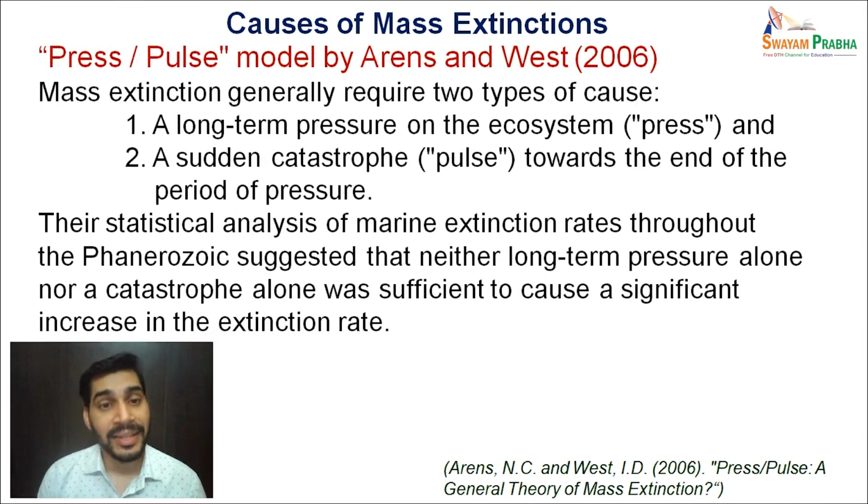And then there is a sudden catastrophic event, which is called the pulse, towards the end of the period of pressure. It is just like a particular organism being suppressed for a long time, and suddenly there is a pulse event, and all the agony that he has comes out in terms of anger. So it is just like press for a long time and then a sudden catastrophic pulse, then the mass extinction takes place.